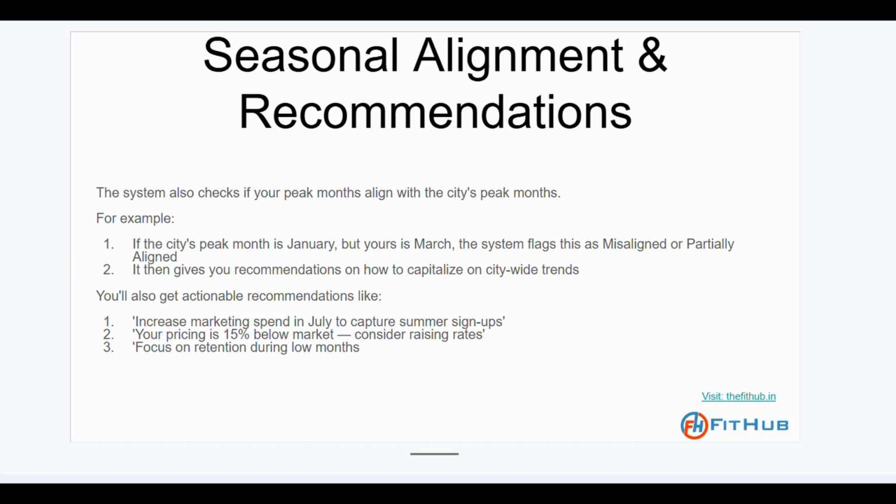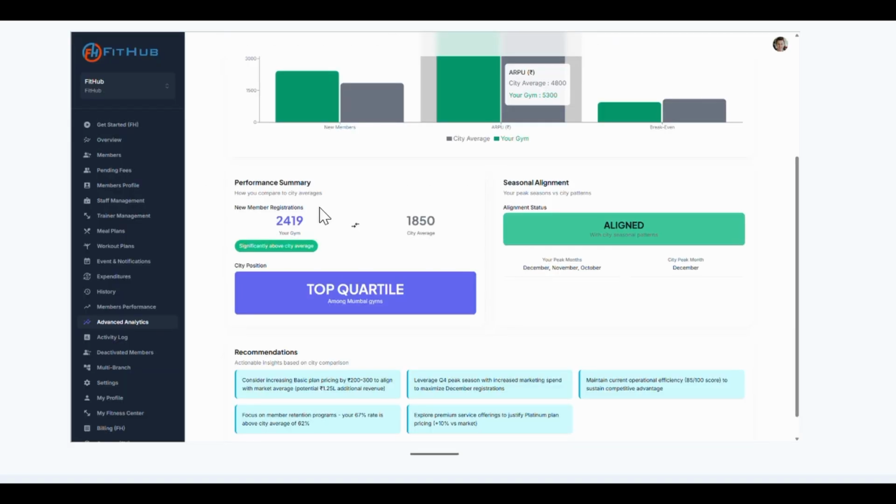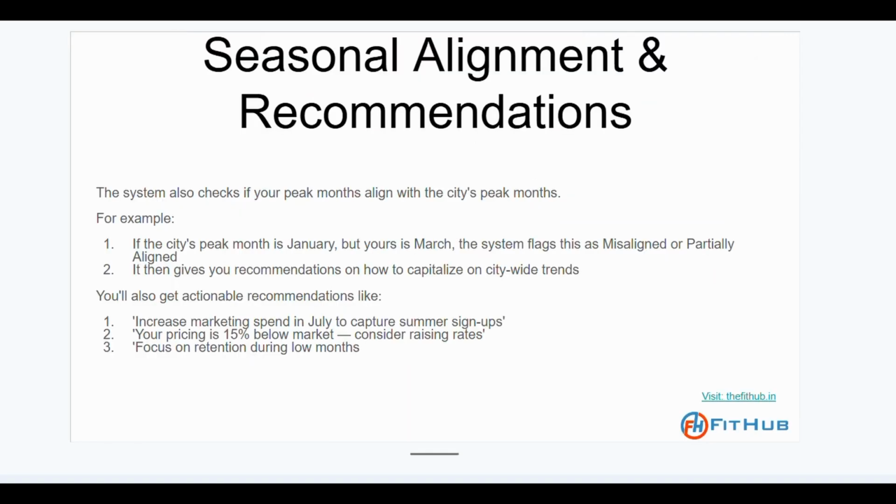Then it also gives you some recommendations to match this. This is the performance summary. This is the seasonal alignment. For example, here it shows aligned. If the peak months of your fitness center weren't aligned with the peak months of the city's average, then it would show partially aligned, or misaligned.